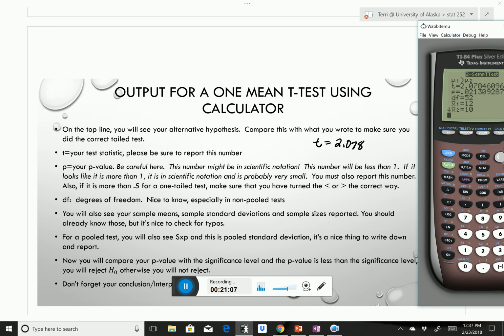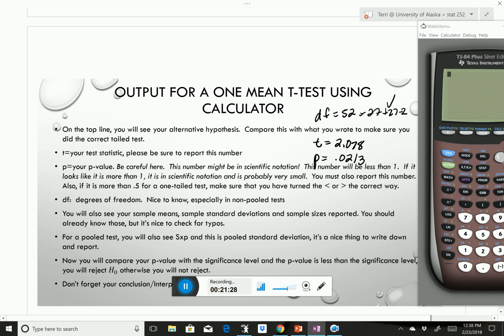And then we have p as our p-value right here, just like usual. 0.0213. Degrees of freedom, 52. Not really anything you have to report. But remember that's 27 plus 27 minus 2.